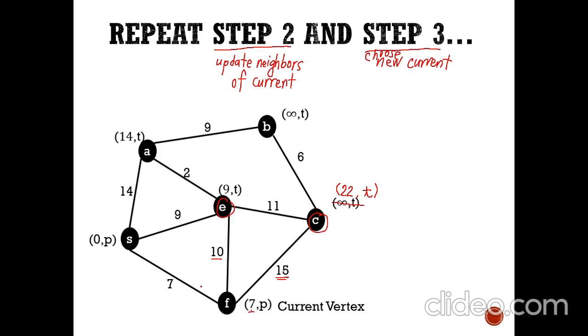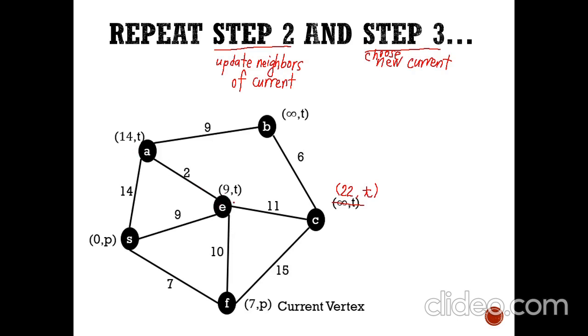Okay, we are done updating the neighbors of the current vertex. This time, it's time to choose the new current vertex. So among the temporary vertices, we will choose the one with the lowest distance value.